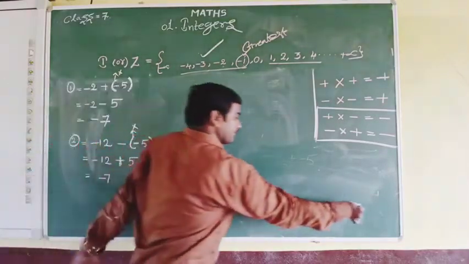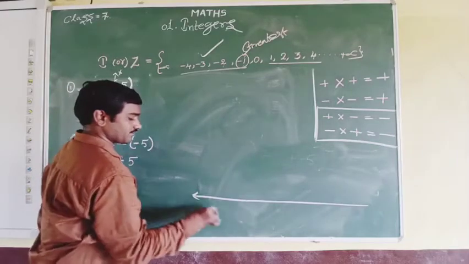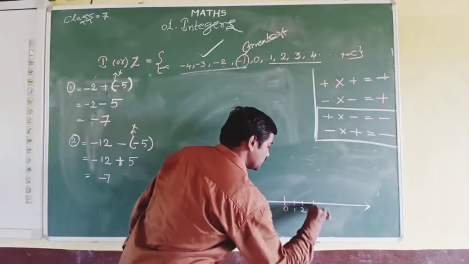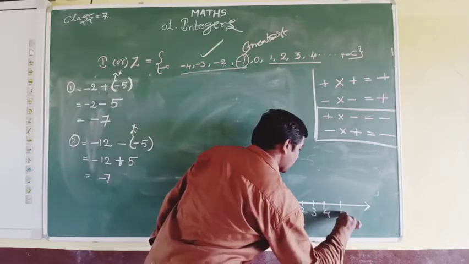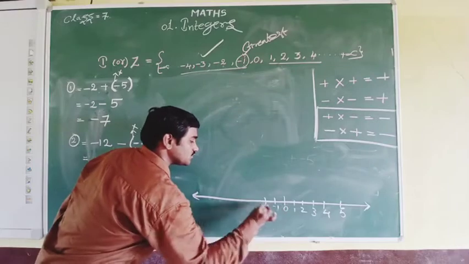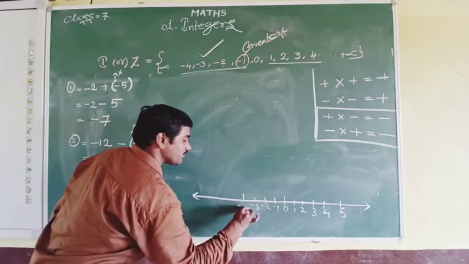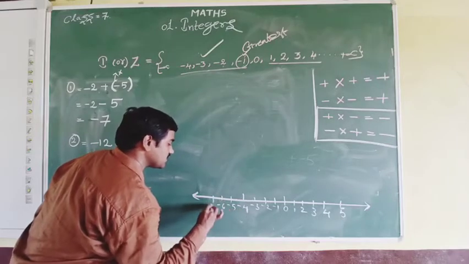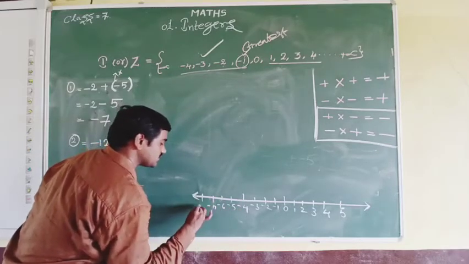Keep the minus. From 5, on the integer number line, just imagine 1, 2, 3, 4, 5. This is enough here for positive integers. -1, -2, -3, -4, -5, -6, -7, -8.